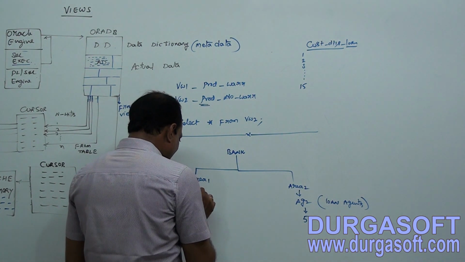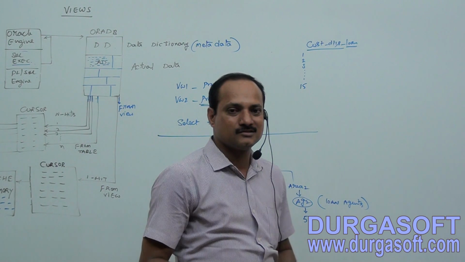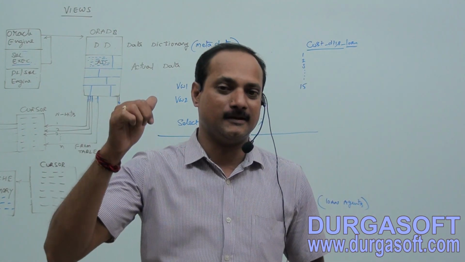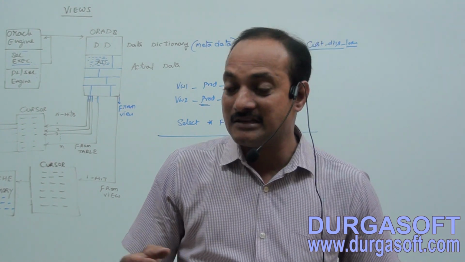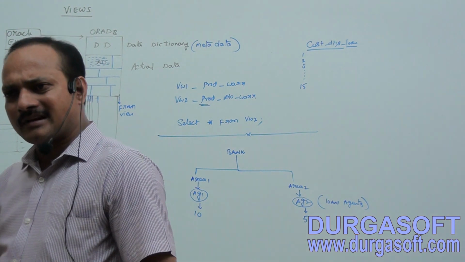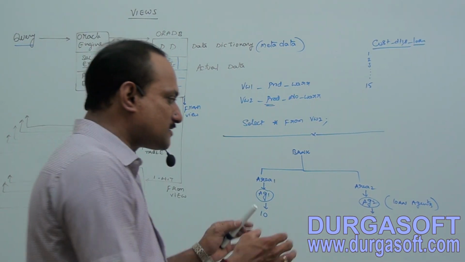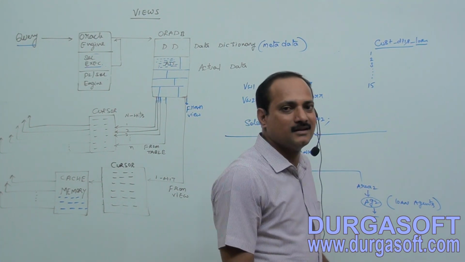Suppose agent 1 and agent 2 have permissions to access the data from the table. Then agent 1 will get all the data from the table, and agent 2 will get all the data from the table. But it is not required. Agent 1 requires his own customer details, and agent 2 requires his own customer details.